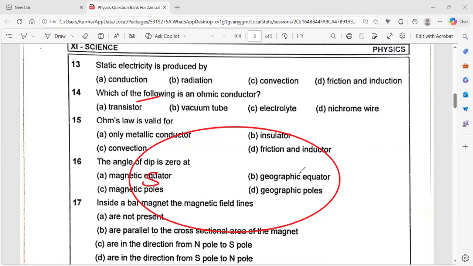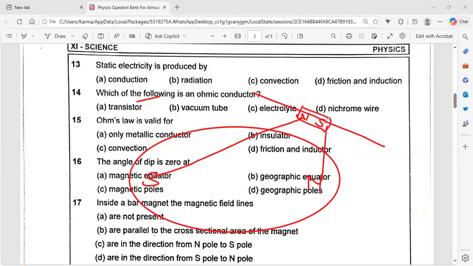Here is the South Pole and there is the North Pole. So I place a bar magnet over here. The South Pole of the bar magnet will be attracted towards the North Pole, and the North Pole of the bar magnet will be attracted towards the South Pole. And it will stay steady in this way.